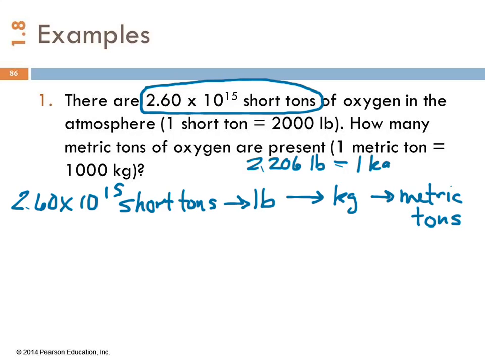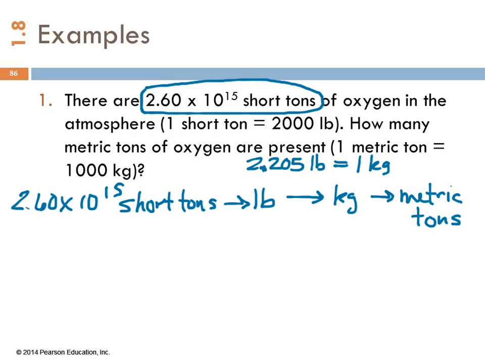Does anybody have a chart that can confirm that? 0.5. That's pretty good. So 2.205 pounds is equal to 1 kilogram. Now we have all the information we need to do this problem.